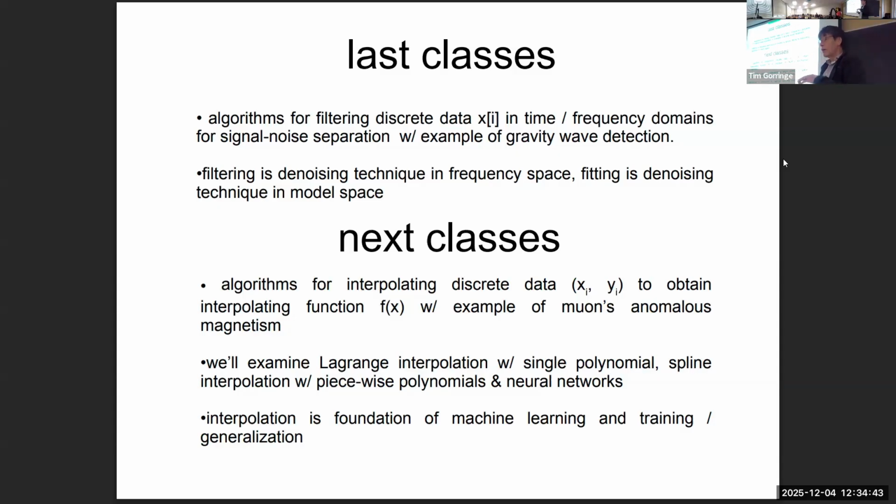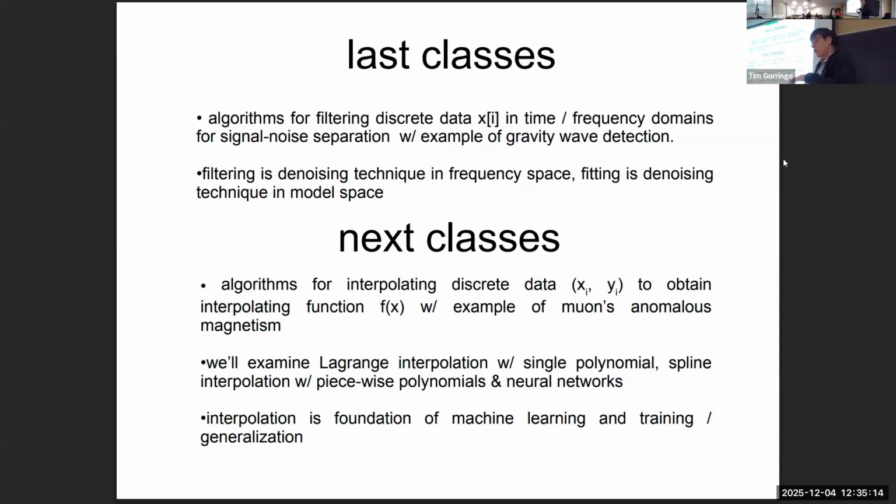I'm talking about interpolation. Partly we use interpolation in a lot of physics, but interpolation is really the cornerstone or a foundation of machine learning. So you can think of machine learning as basically interpolating data, say interpolating training data, and then generalizing the results of that interpolation to trial data or new data.